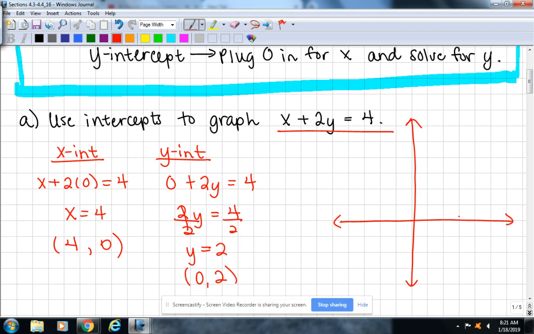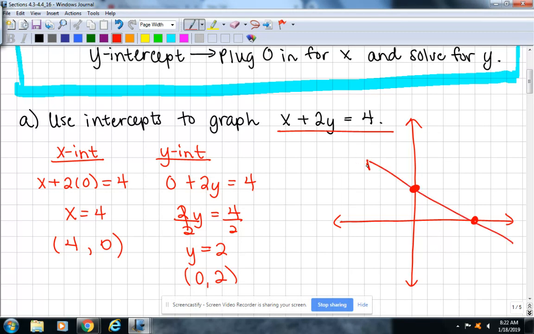Now, when you're graphing using intercepts, both points will be on an axis. Okay? And where's (0, 2)? It's up 2 on the y-axis, correct? So when you're graphing with intercepts, you'll have 1 point on the x-axis, 1 point on the y-axis, and when you get them both graphed, you draw a line through them.